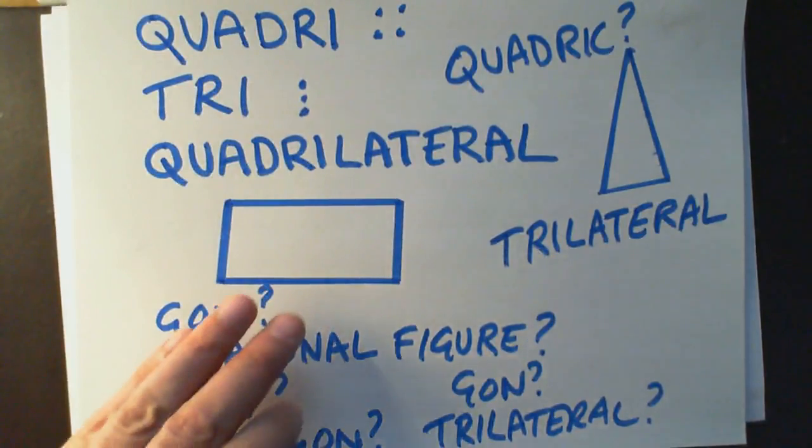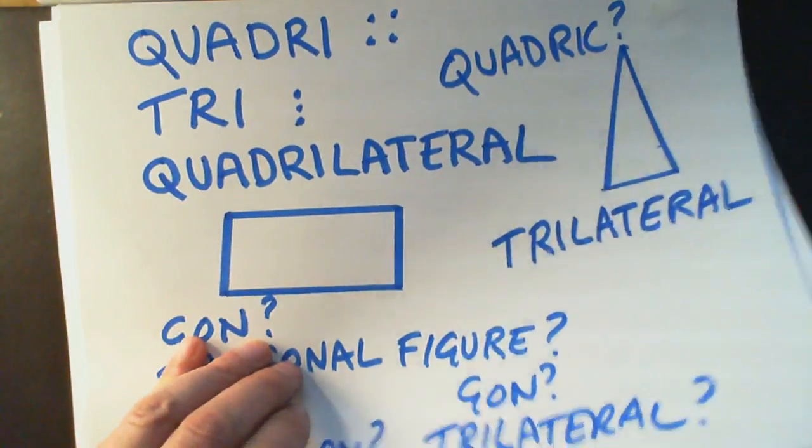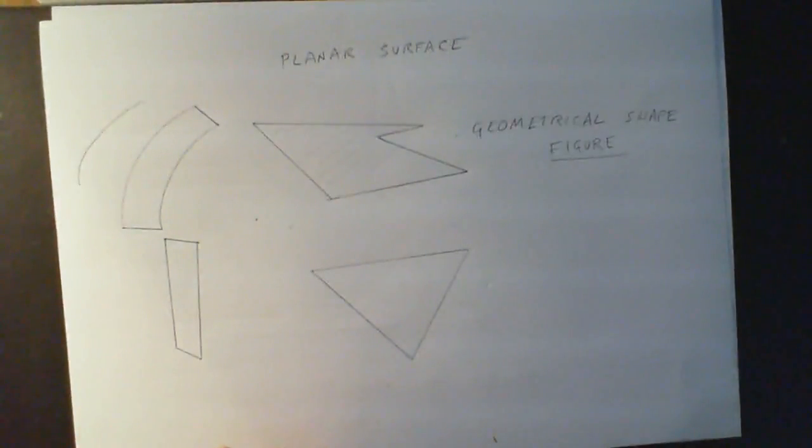Right, let's move on to the next part of our geometry lesson. Let's get a new sheet of paper. Now remember that when two straight lines touch, here's one straight line.